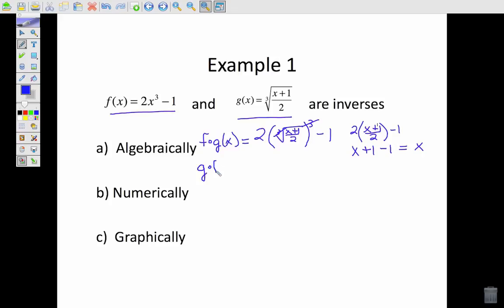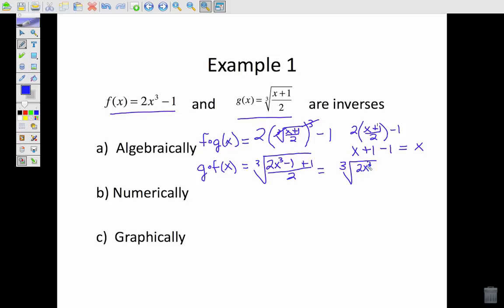g of f of x. Cube root. You put 2x to the third minus 1 in for x. Then you have your plus 1 all over 2. This equals cube root of 2x to the third.